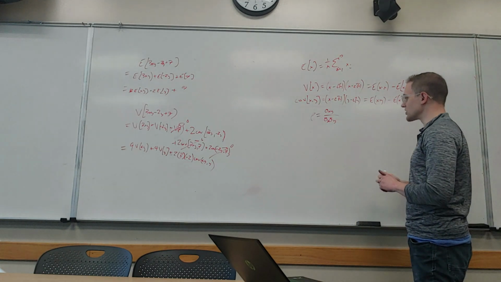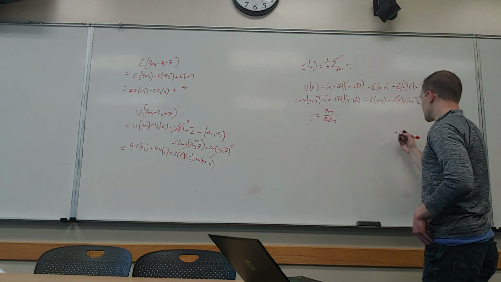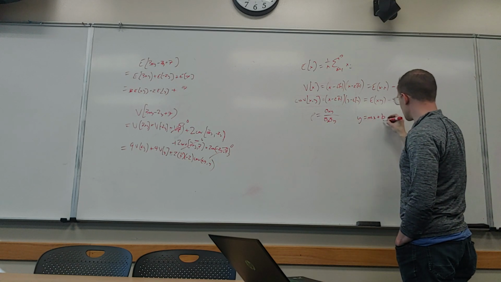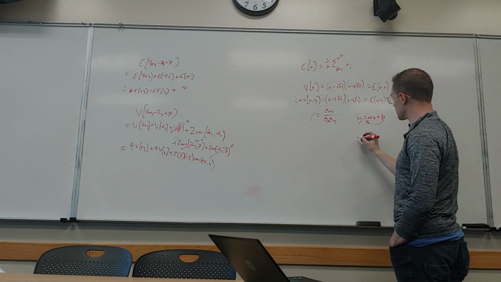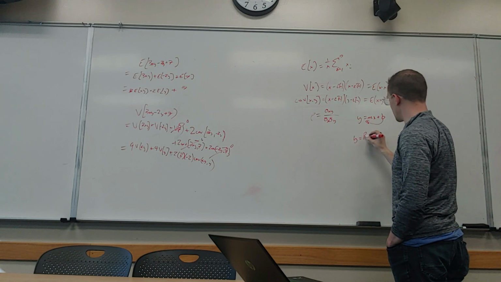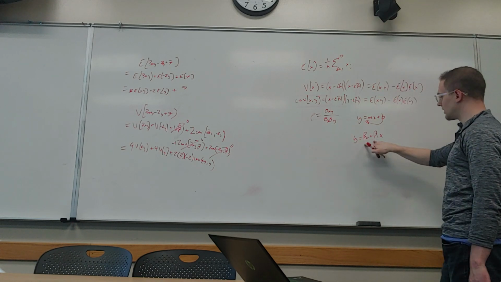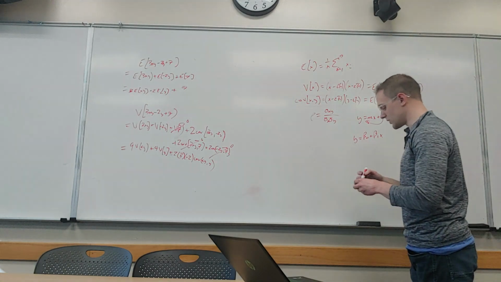That's going to lead us into regression, where we all know the formula for a line, y equals mx plus b. In econometrics, we move the b over here, change some symbols, and we get y equals beta naught plus beta 1 x. So these beta naught and beta 1 have ways that we can figure them out.